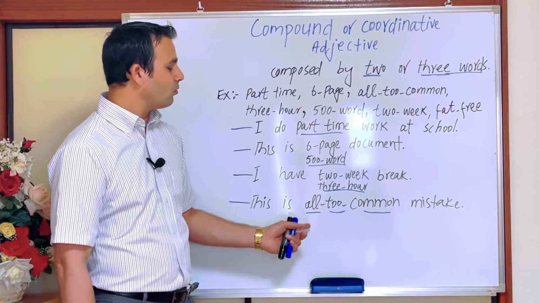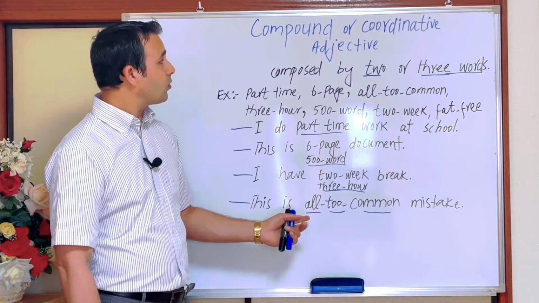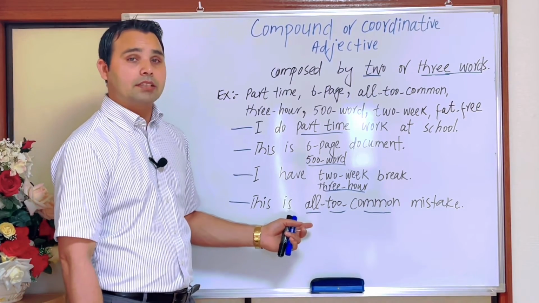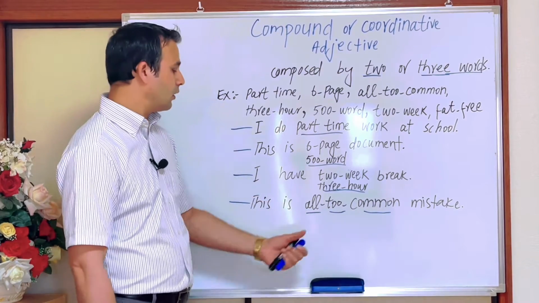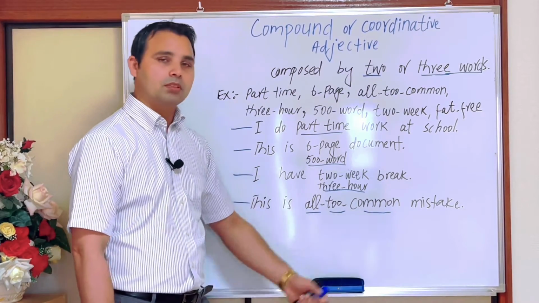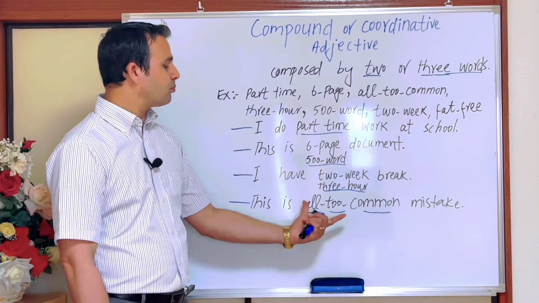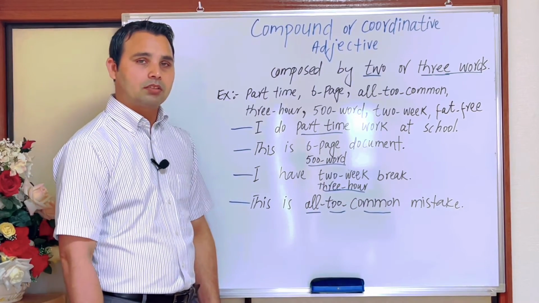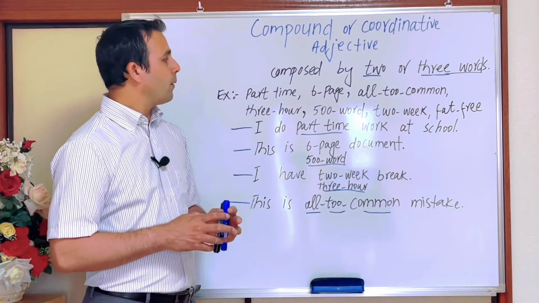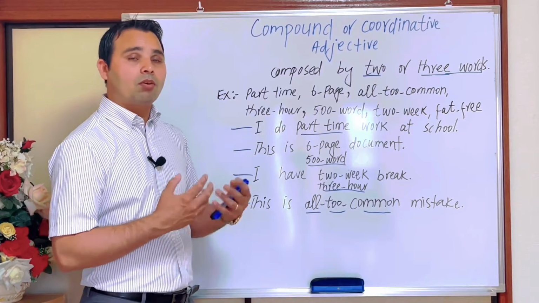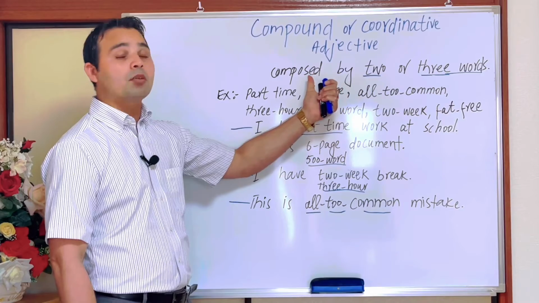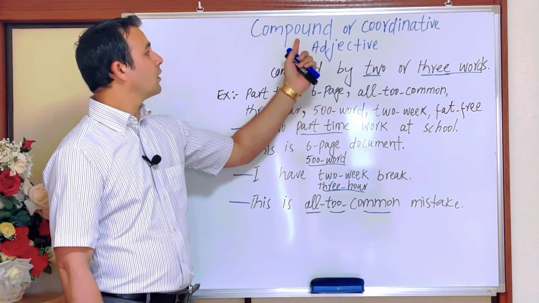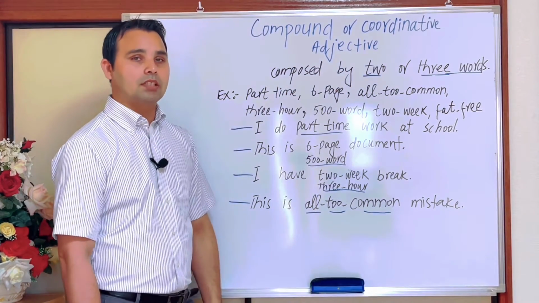This is the example of a coordinative or compound adjective composed of three words together, like all-too-common. So in this example we have put three words together. So now you can understand how two or three words can be put together or composed, and they can make a compound or coordinative adjective.